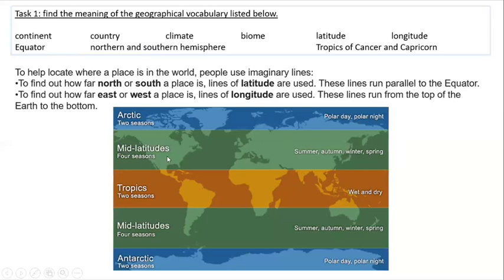Anything within the mid-latitudes here gets summer, autumn, winter and spring. They will have varying weather, and so that will explain why some of the temperate rainforests have got differences to the tropical rainforest. So all of those positioning words that we've just learned will really help you understand why those rainforests are different to one another.